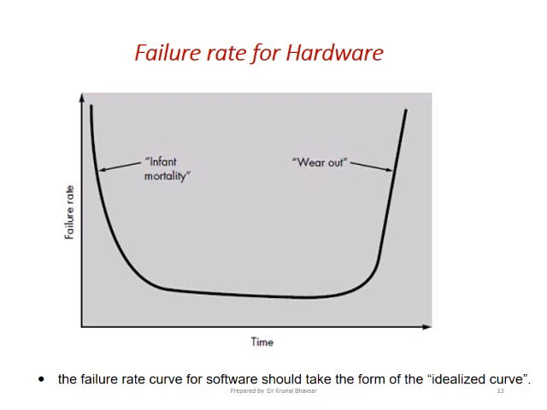After 2 or 3 months or 6 months, it wears out, because new technologies and new hardware devices come with 8 GB RAM or 1 TB hard disk space. That is the best example for failure rate of hardware. Failure rate for hardware is high.